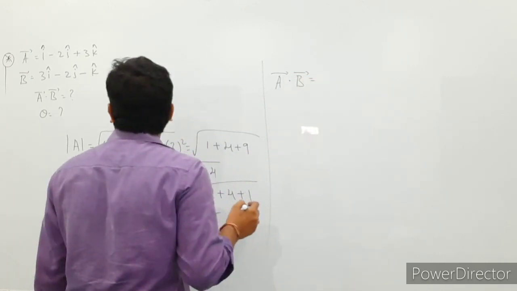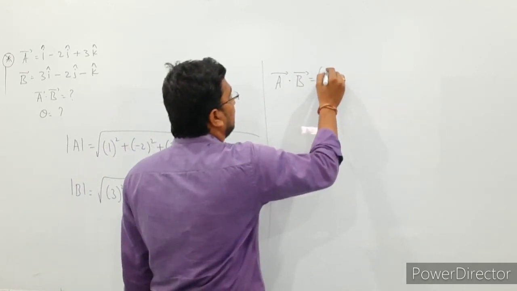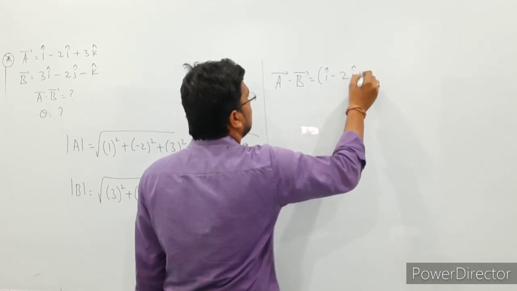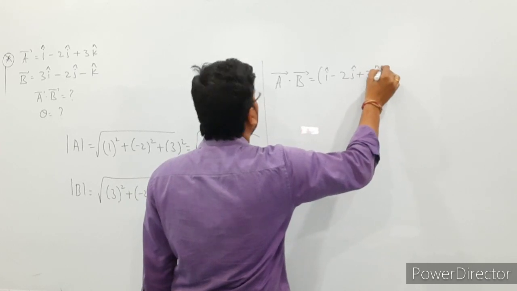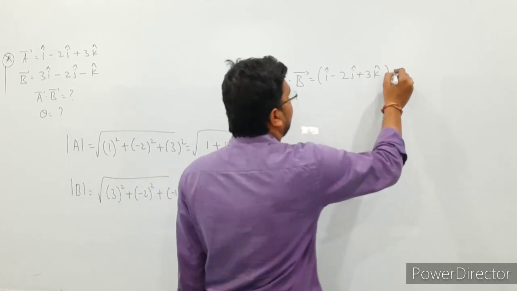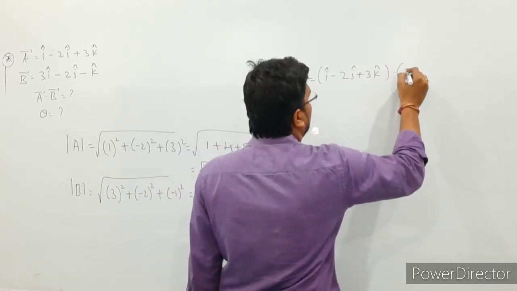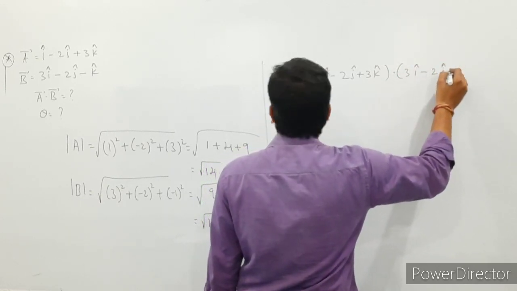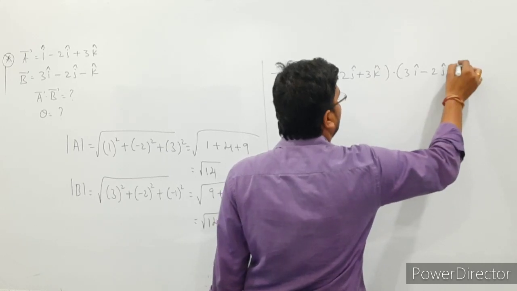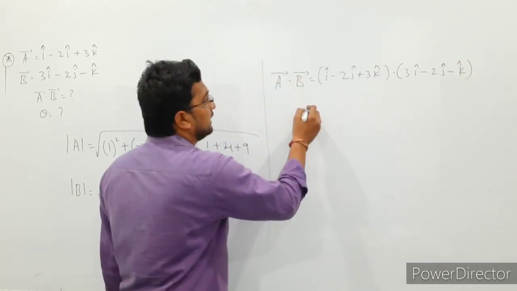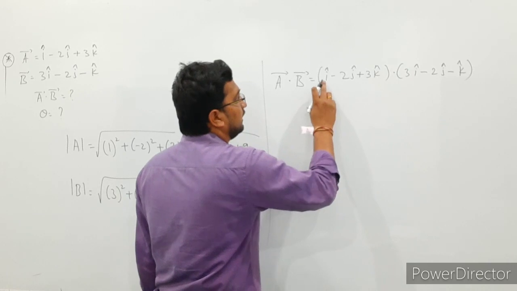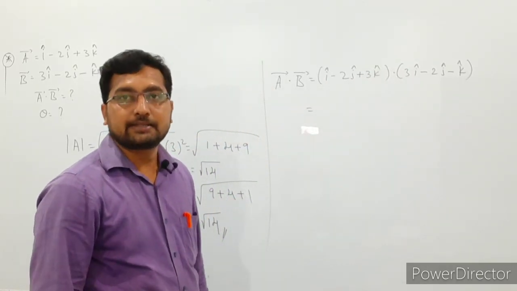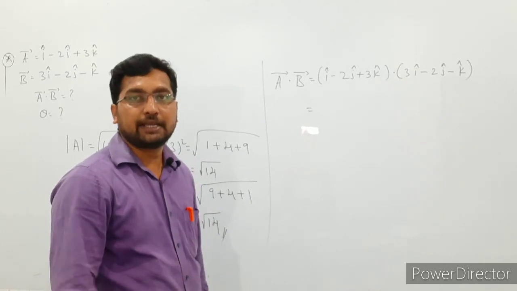Okay, first write down the a vector value. That is i minus 2j plus 3k dot, next one is 3i minus 2j minus k. Okay, multiply this one. We already know the properties: i dot i is equal to 1, j dot j is equal to 1, k dot k is equal to 1.